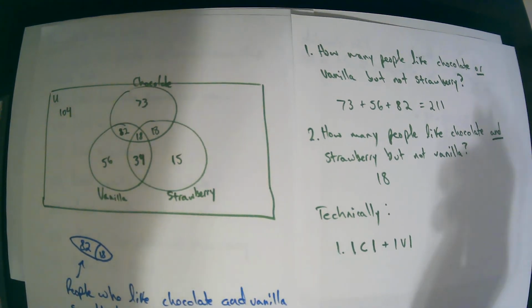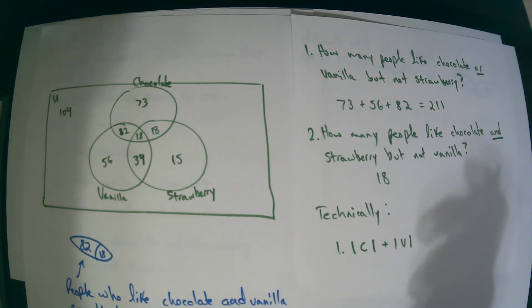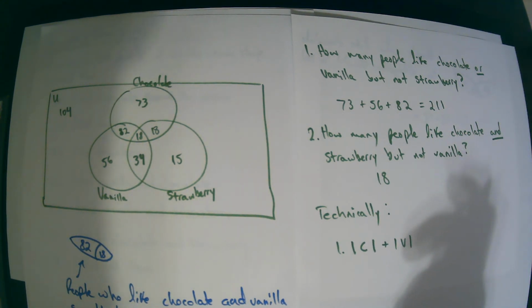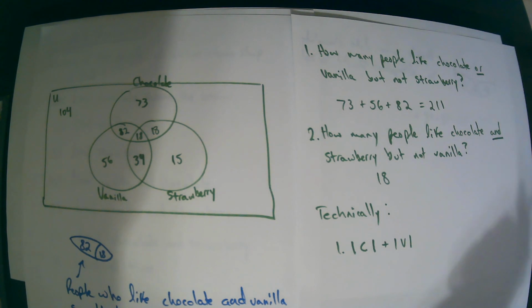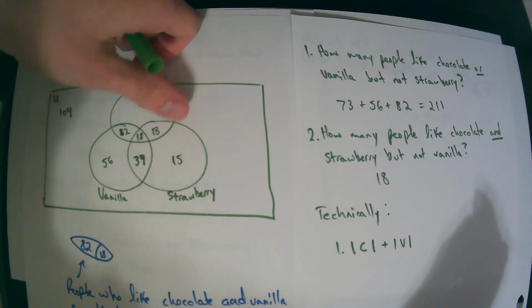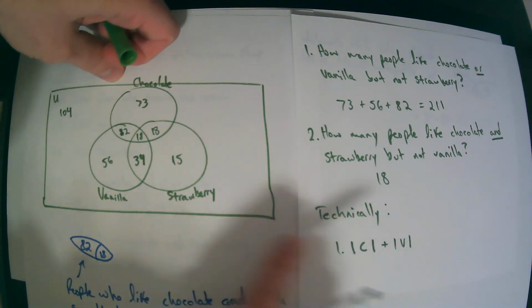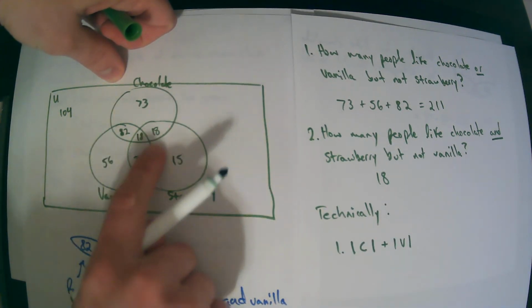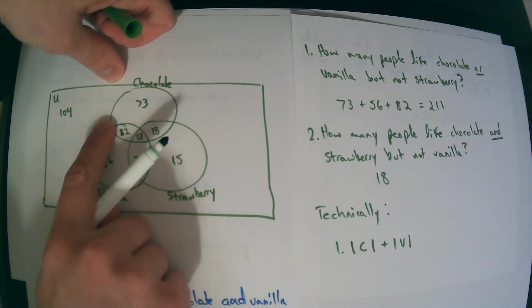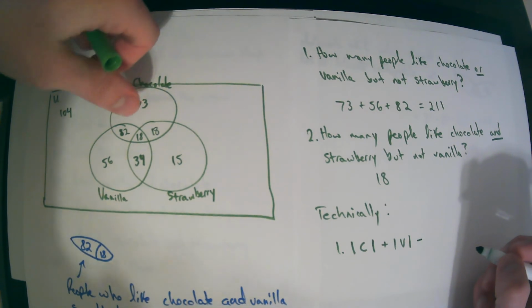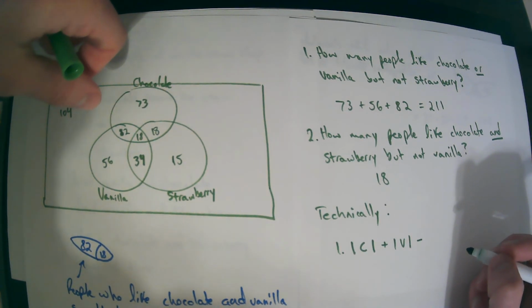That's kind of like the first part of the inclusion-exclusion principle. But now we need to exclude all of the stuff that's in the strawberry circle, right? So cardinality of C is all of this stuff. Cardinality of V is all of this stuff, right? So we need to exclude a whole bunch of stuff here.